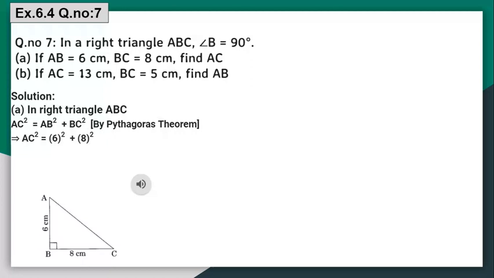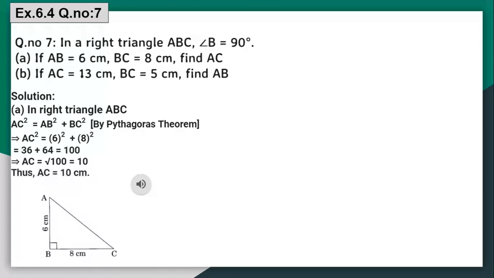So 6 square plus 8 square, that is equal to 36 plus 64. It will be 100. So therefore AC square we got 100. So AC is equal to square root of 100. So 100 is equal to the square of 10. So thus the value of AC is equal to 10 centimeter.